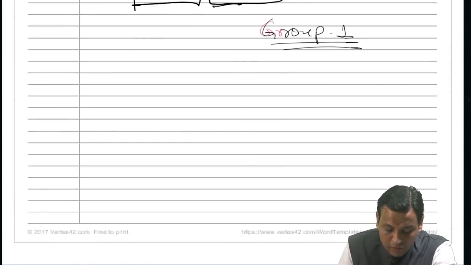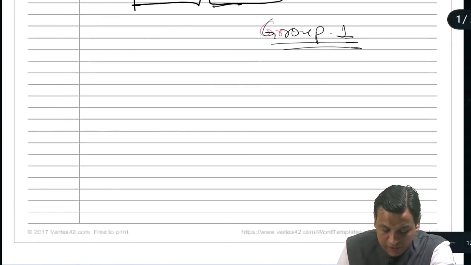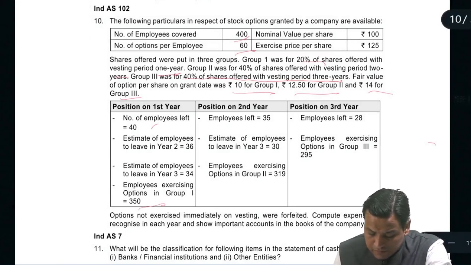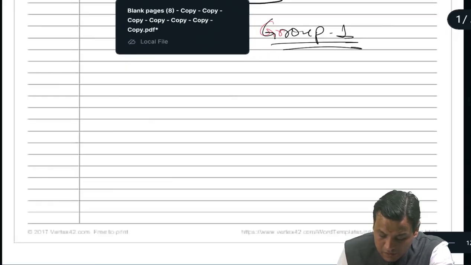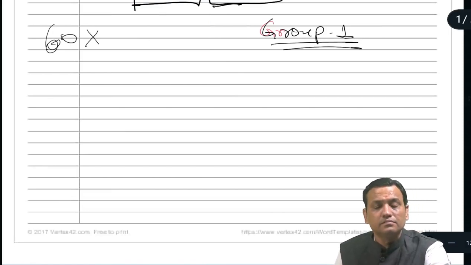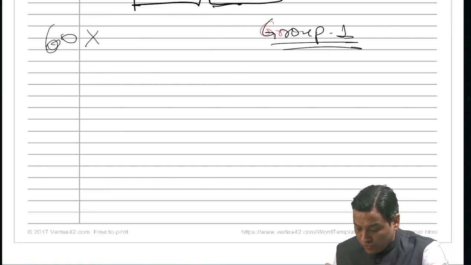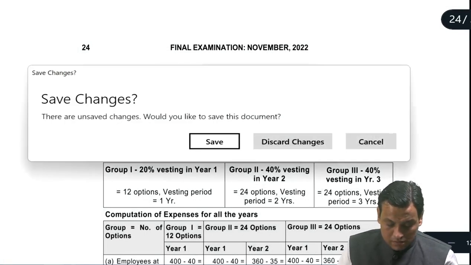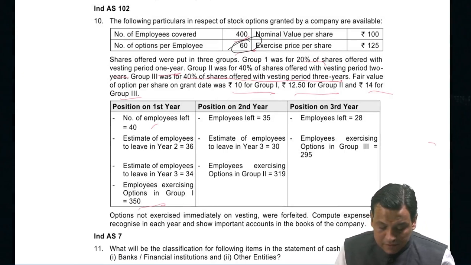Now, how many options are there, friends? If you look properly, the total options which you have is nothing but 60. So out of 60, how much goes to group 1? Can I say 60 into 20%?